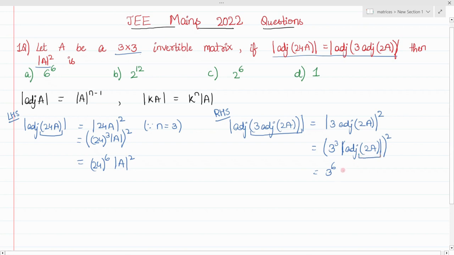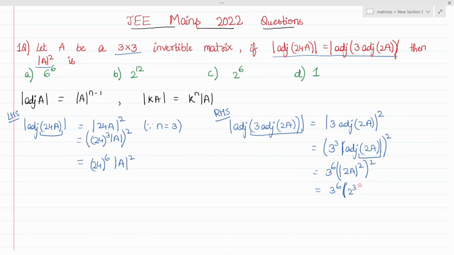Use the first property and we can write it as determinant of 2A whole square and whole square. Now it becomes 3 power 6, and again use the second property. You can write it as 2 cube into determinant of A whole power 4, which becomes 3 power 6, 2 power 12, determinant of A whole power 4.